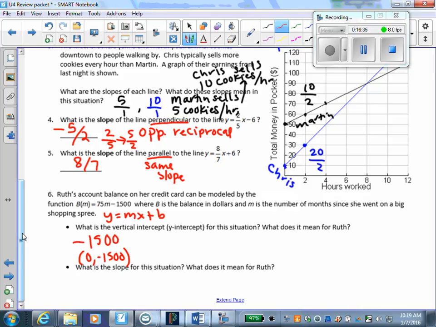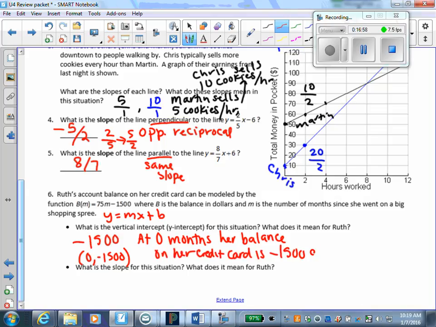So we could say at 0 months, her balance on her credit card is -$1,500. That means she's in debt $1,500, right after her shopping spree, 0 months since her shopping spree.